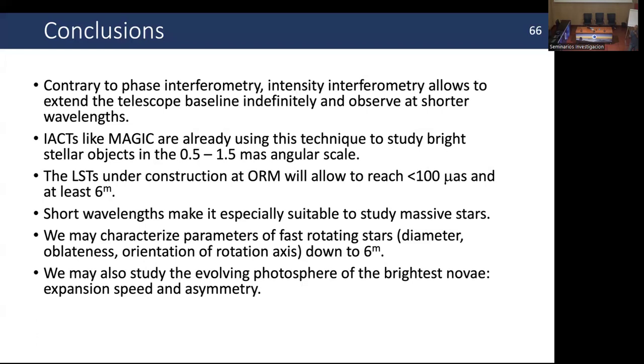Seeing may produce changes in one telescope with respect to the other, but on much longer scales. We are talking about such different time scales that there's no effect at all.